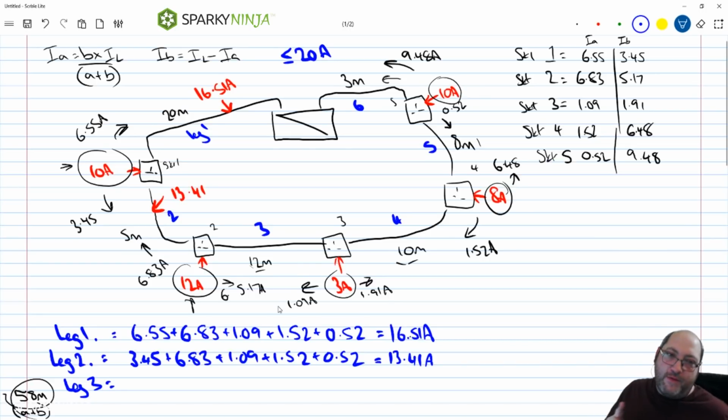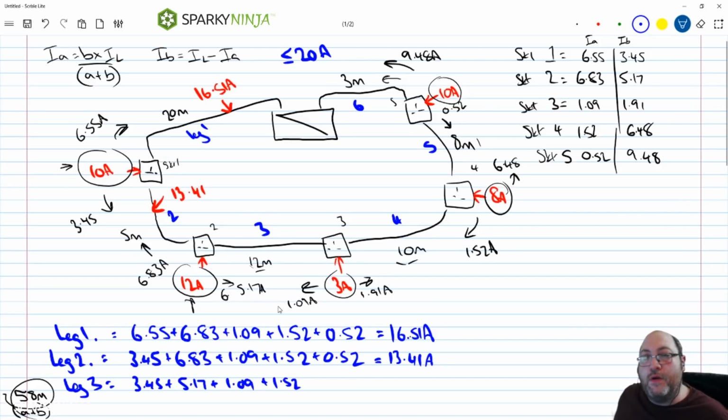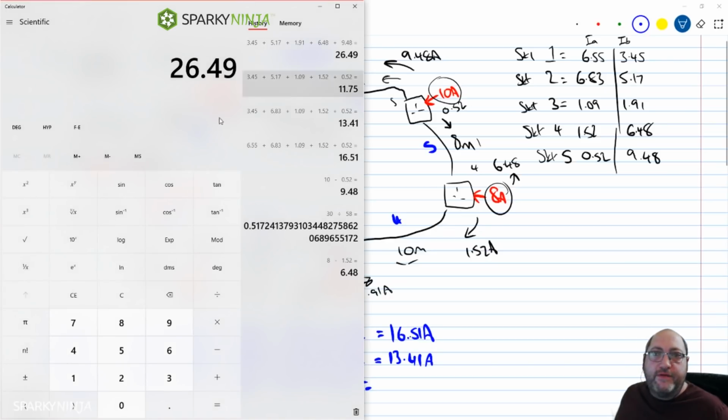So I'm going to go with 3.45 plus 5.17 plus 1.09 plus 1.52 plus 0.52. So the IBs of that socket and that socket, but the IAs of that socket, that socket and that socket, because those are all pulling current through this leg, leg 3. That's what I'm trying to achieve here. So where's my calculator gone? Oh, there it is.